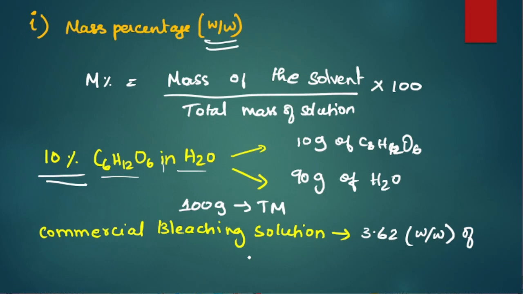For making the commercial bleaching solution, you are supposed to add 3.62 mass percent of sodium hypochlorite in water. Clear? Now you know the meaning of 10% of C6H12O6. Not only C6H12O6, whatever the solute compound given to you, 20% means 20 grams, 30% means 30 grams. Like this you have to calculate.